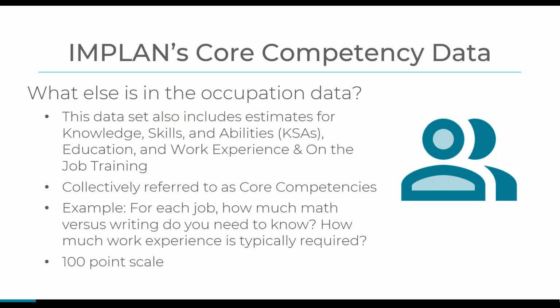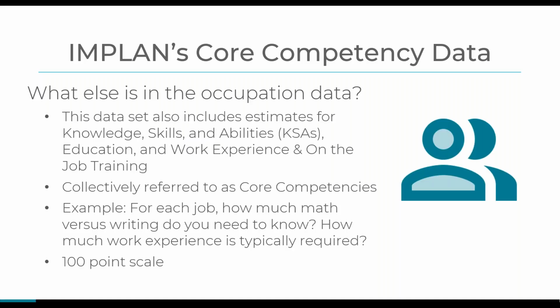The reason that we do this is because we receive this data in scales. So it comes in the format of, for each element, there is a 1 to 5 scale of importance for how important it is for you to know this for this job, and a 1 to 7 scale of level. And that basically is just the depth to which you need to know this skill.